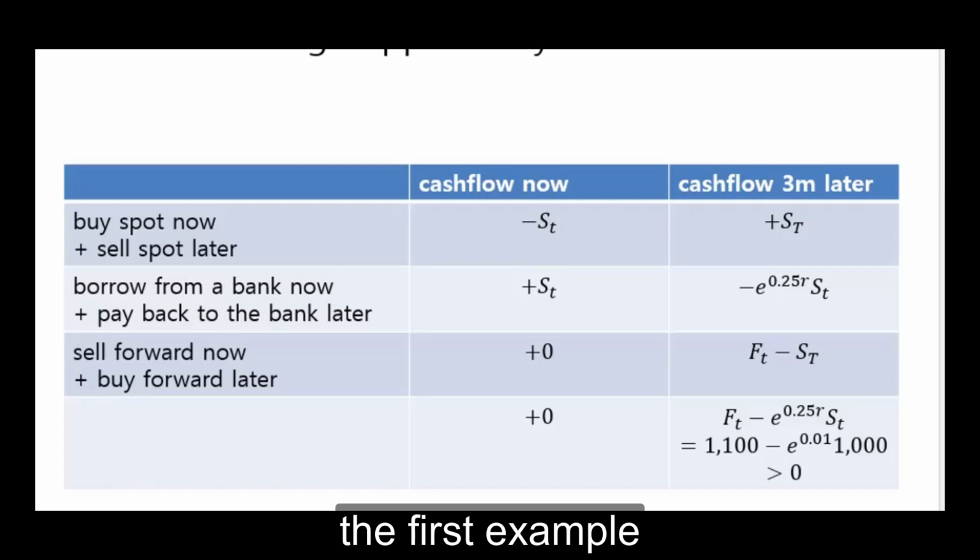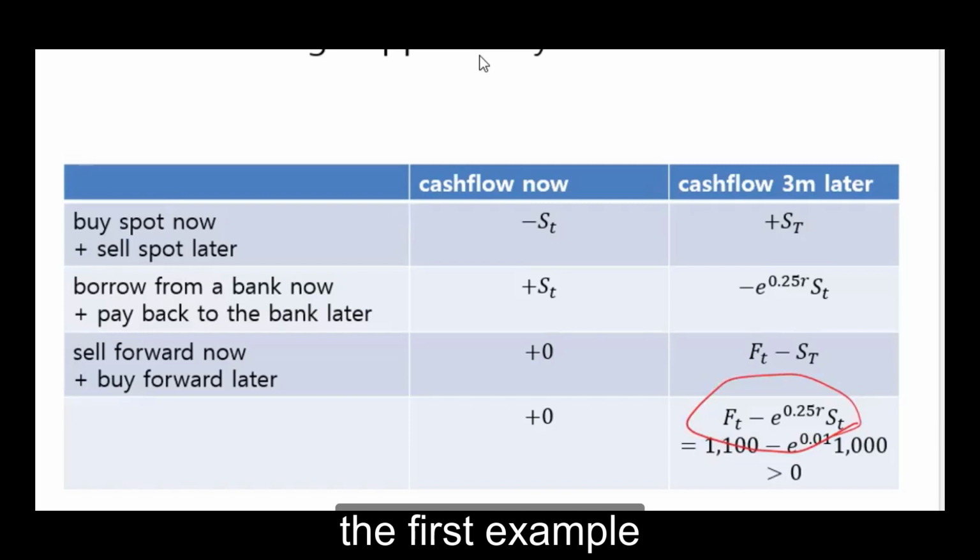And when you add these three numbers, the S capital T will disappear. So all you have is F small t minus the payment for your borrowed money. And what we are saying is that this number should be zero, otherwise it doesn't make sense.